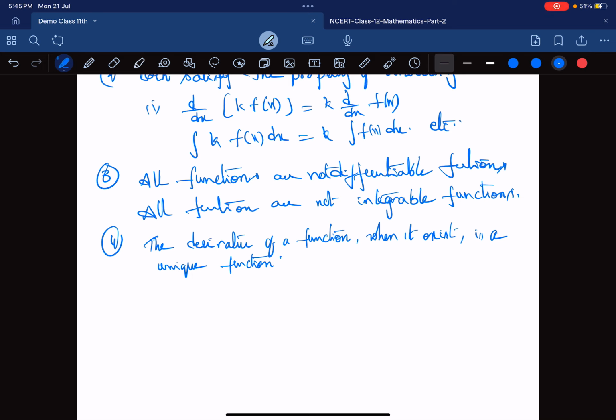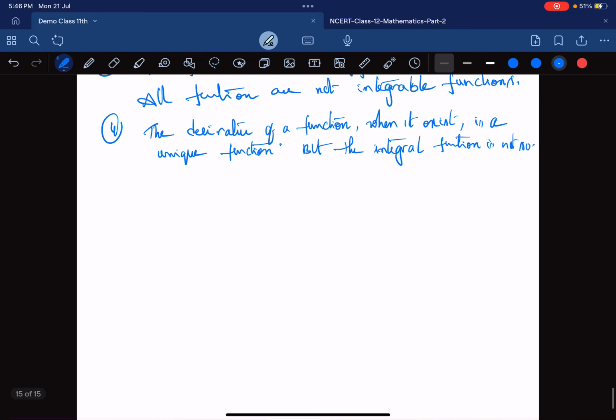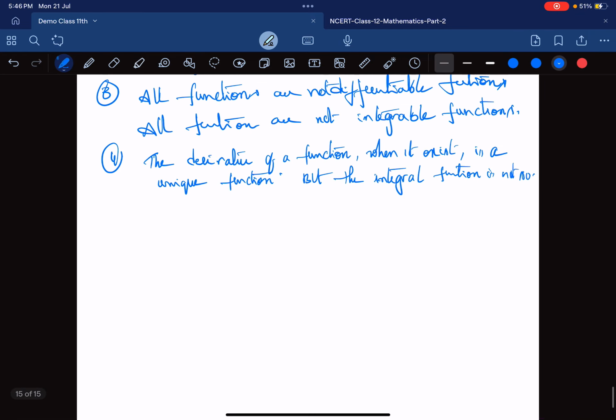But the integral function is not so. It will be different. So these are the properties.